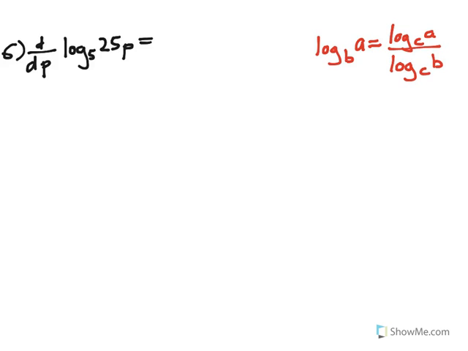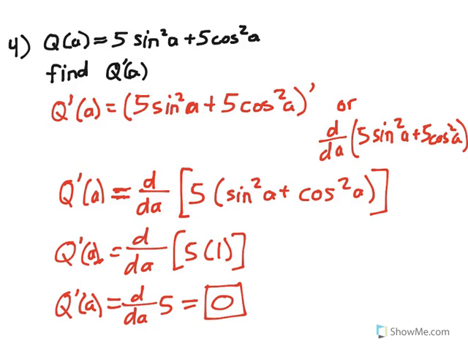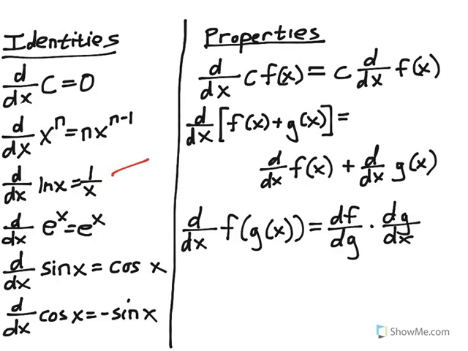And also remember that log base e of x is the same thing as the natural log of x. In other words, as long as you can convert your base to e's, then you have ln x's, and we have identities that apply to ln x.